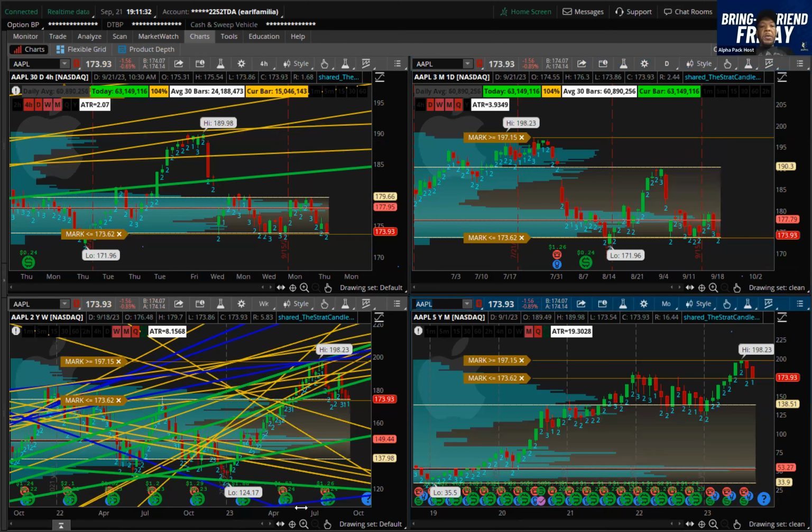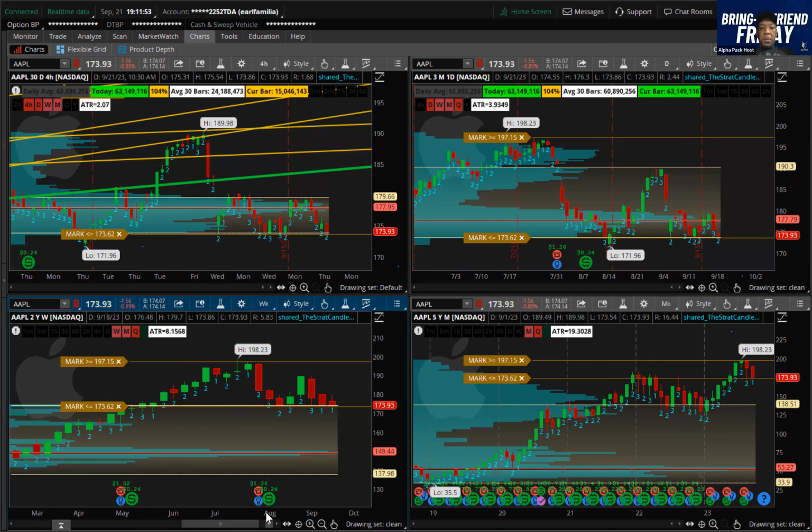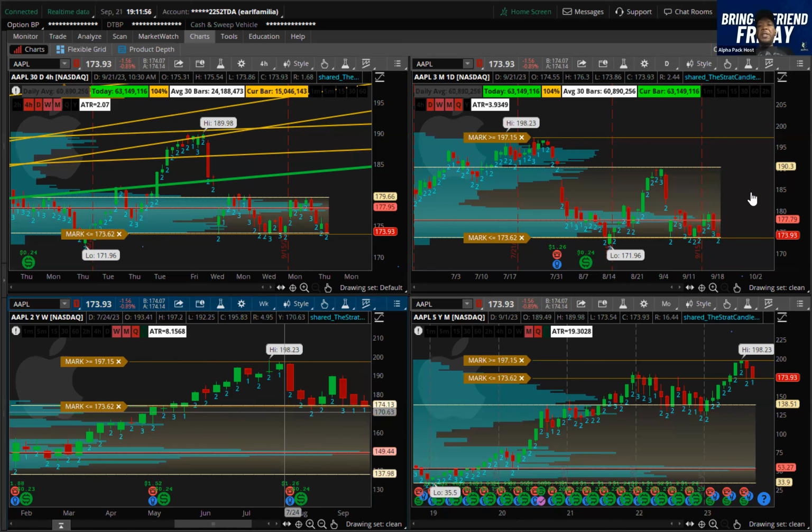So the level I'm looking for, this actually looks good. This is not a 0 day play, Goose. This is a swing. I don't see any actionable signals on the 0 day, day or 4 hour time frame.